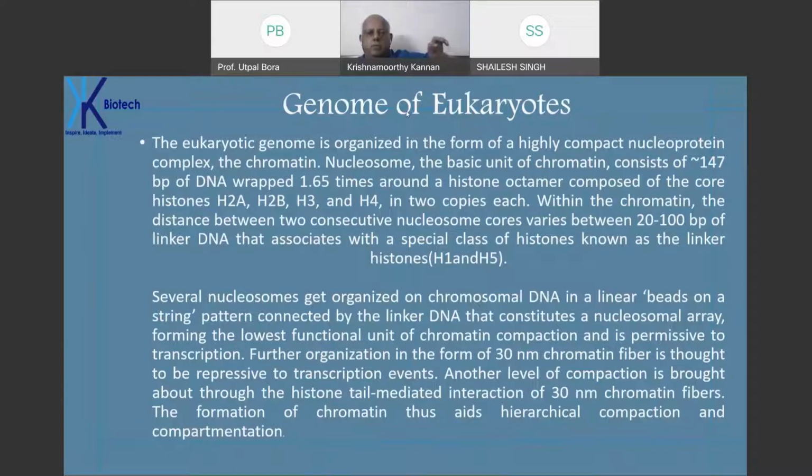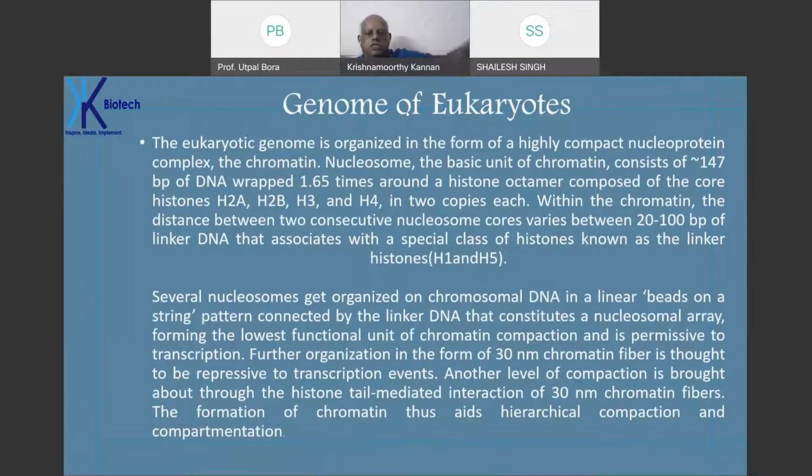Several nucleosomes get organized on chromosomal DNA in a linear beads-on-a-string pattern connected by linker DNA, which constitutes a nucleosome array, forming the lowest functional unit of chromatin compaction and is permissive to transcription. This is our current knowledge.